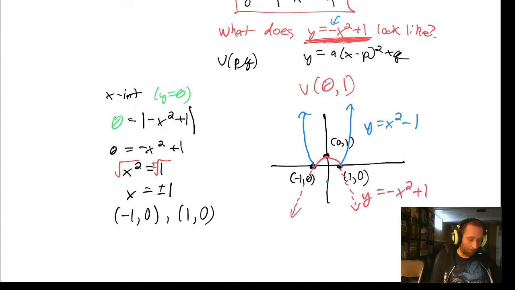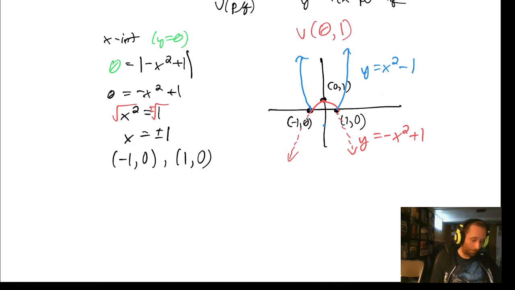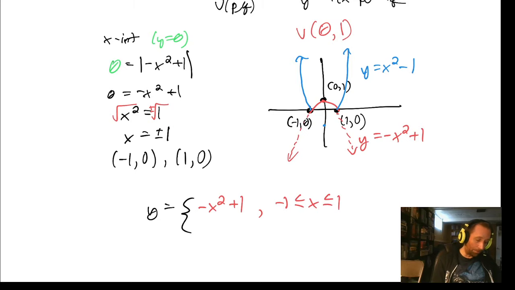All right, piecewise time. So y equals: it is this red portion, negative x squared plus 1, when x is between negative 1 and positive 1.